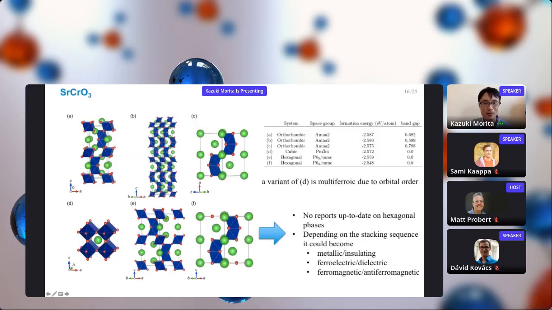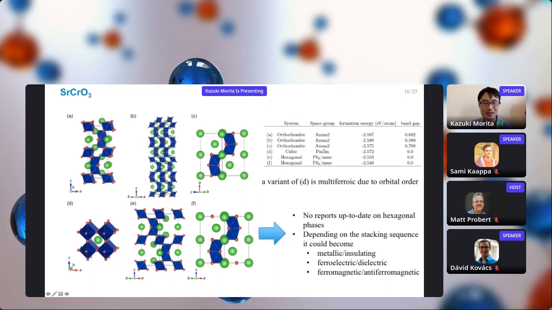So we performed density functional theory on these materials using hybrid functionals. And these are the results. It might be a bit small, but one interesting thing is that this cubic-like phase is the only one that has been reported to date.